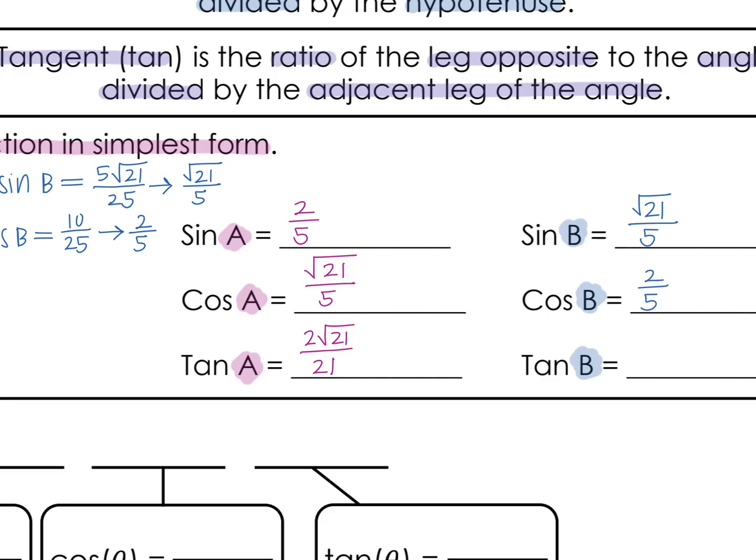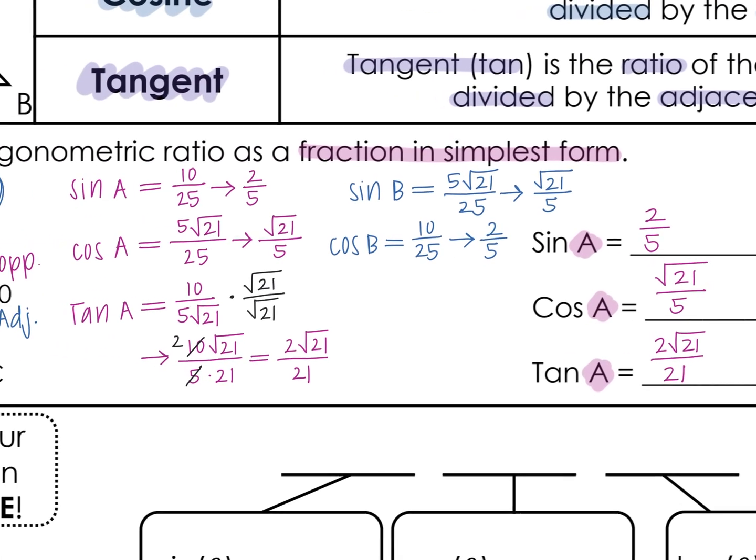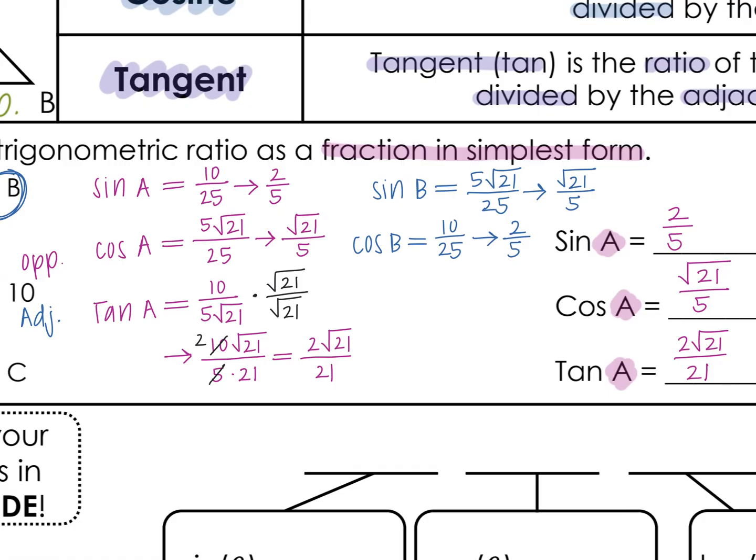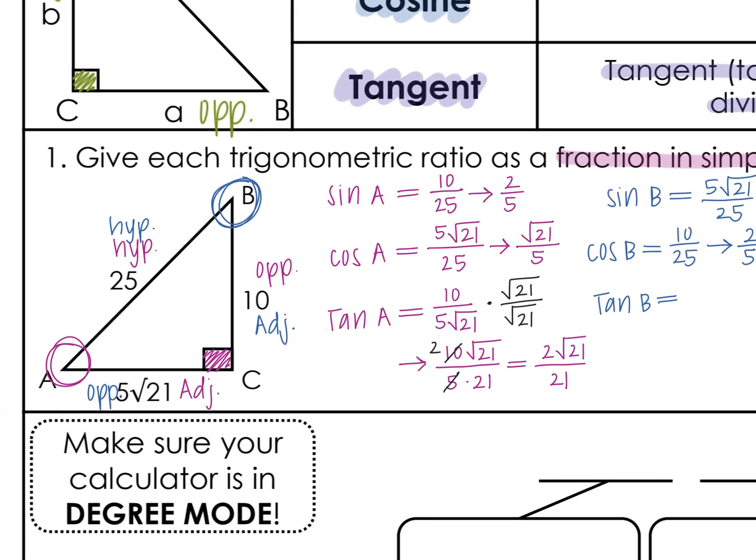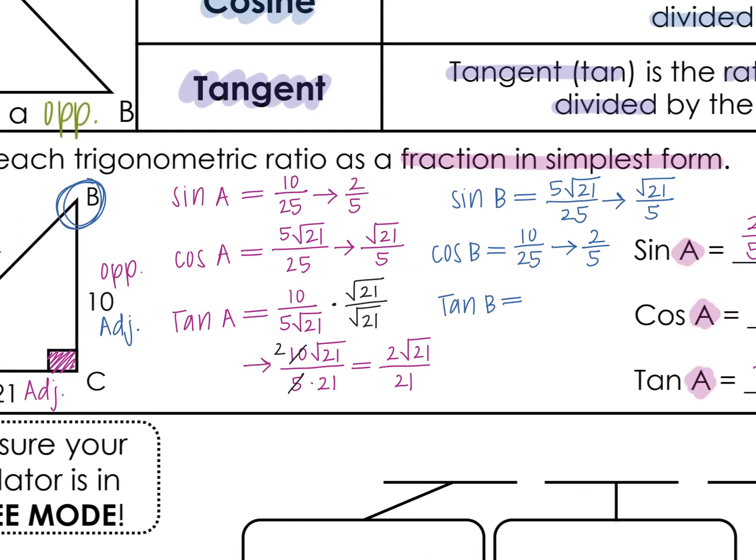Now, with our tangents, they will be different, okay, but they're going to be very similar. So with tangent of angle B, we would have my opposite, which we labeled as that 5 root 21, divided by my adjacent, which is that 10. Okay, so initially we are starting out with the same, but when we reduce it, it will kind of look different.